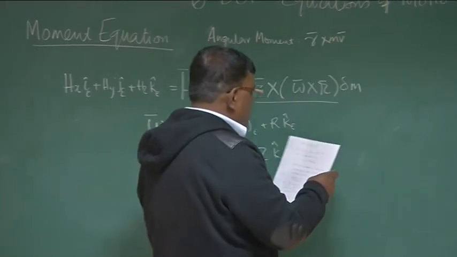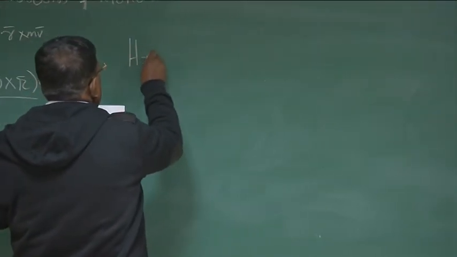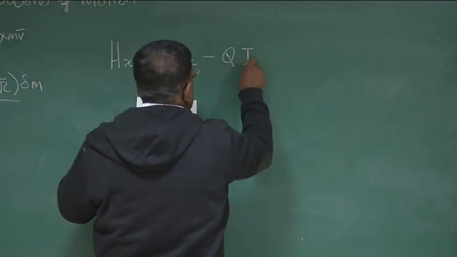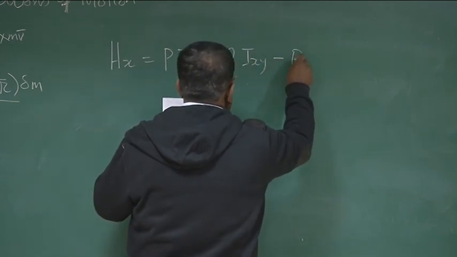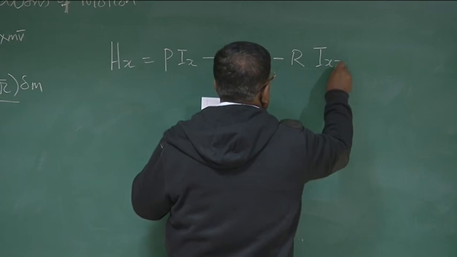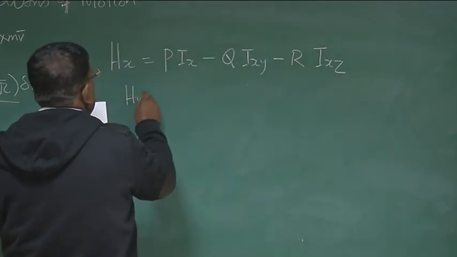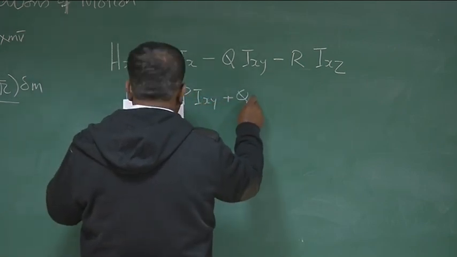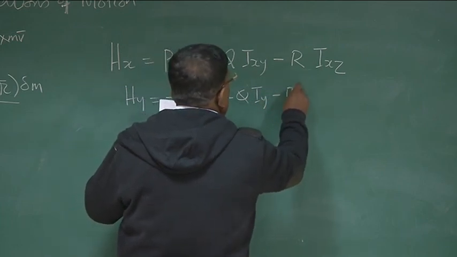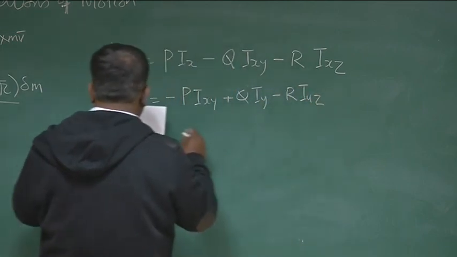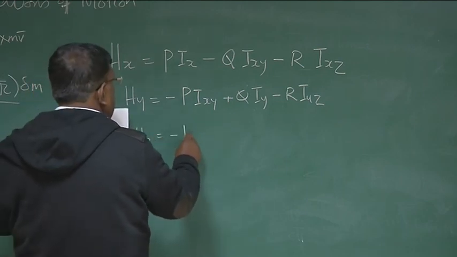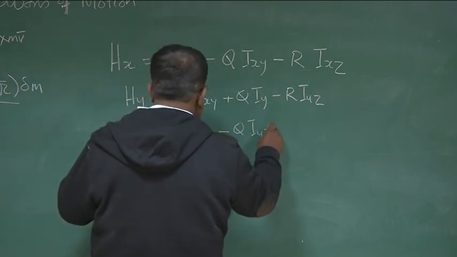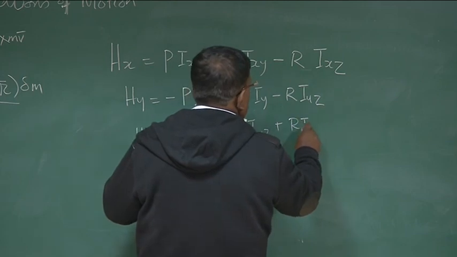Let me write the expression: Hx equal to P Ix minus Q Ixy minus R Ixz, then Hy as minus P Ixy plus Q Iy minus R Iyz, and Hz equal to minus P Ixz minus Q Iyz plus R Iz.